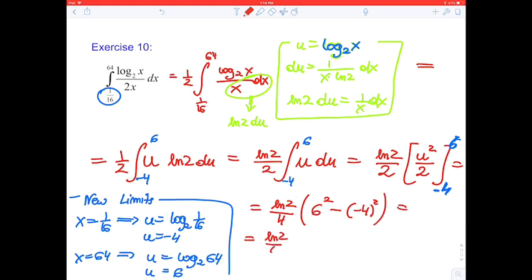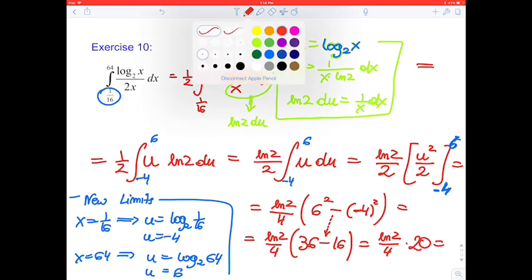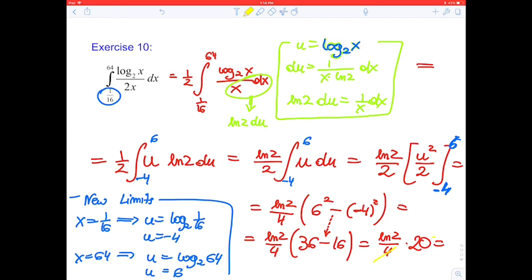Okay, ln of 2 over 4 times 36 minus 16, because negative 4 squared is positive 16, and that negative still stays. ln of 2 over 4 times 20, which is, we can cancel out, 5 times ln of 2. 5 ln of 2.